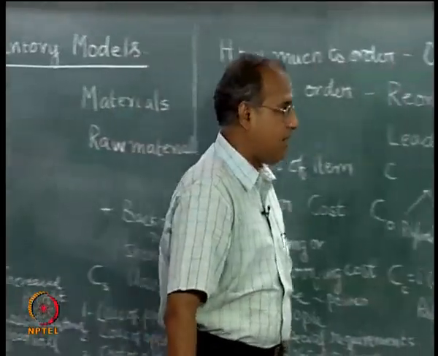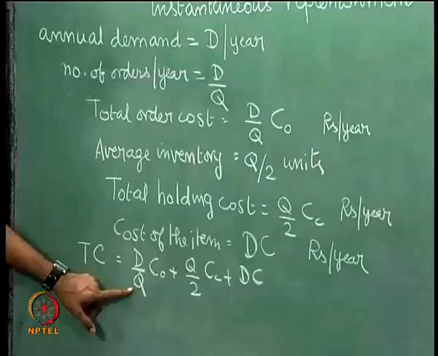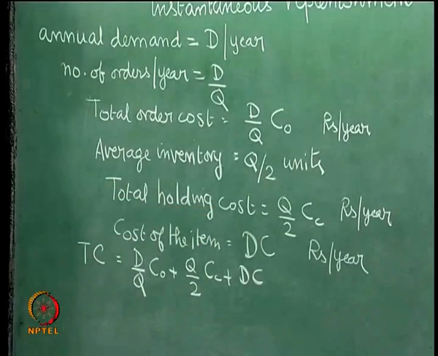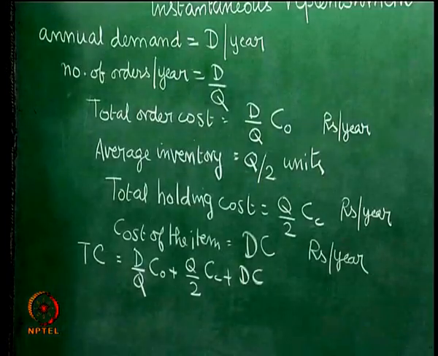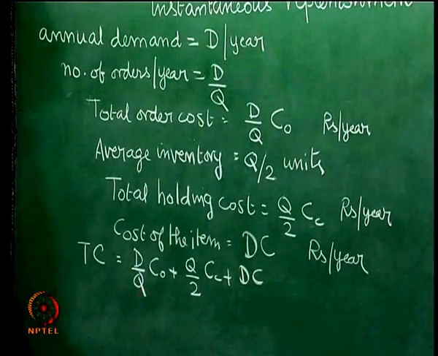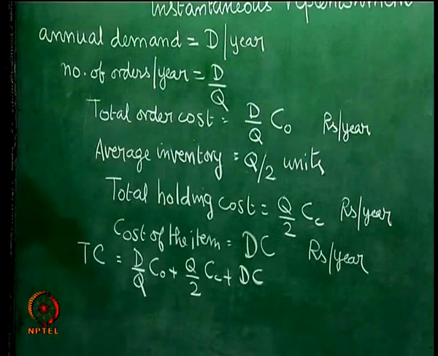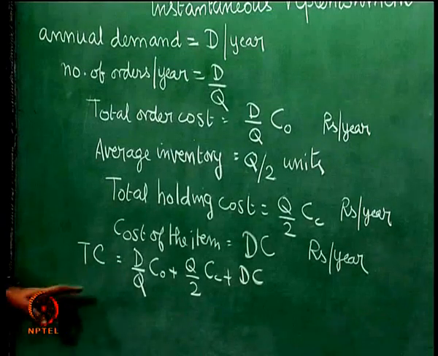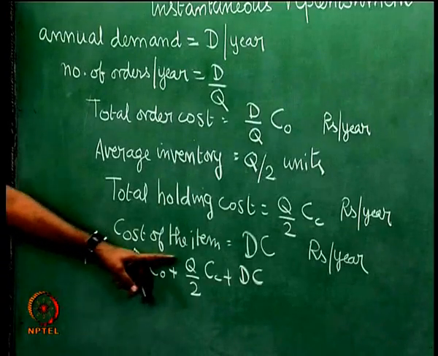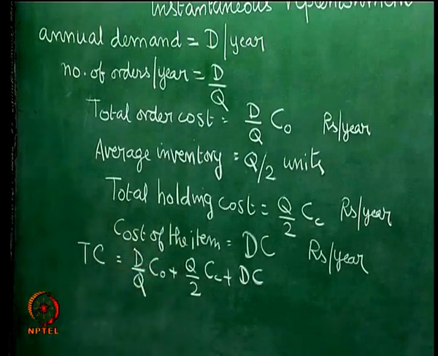Now the variable is Q, rest of the things are known parameters. So only thing that we need to do is to find out Q. Now this total cost is a nonlinear function of Q, because you find Q in the denominator here, you find Q in the numerator here.